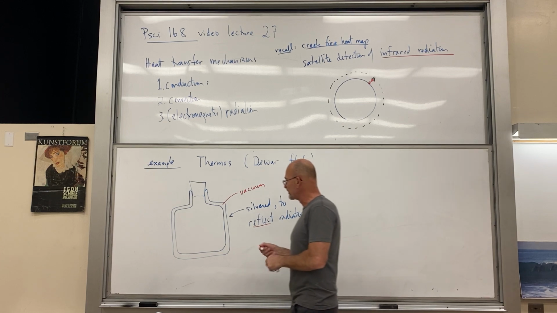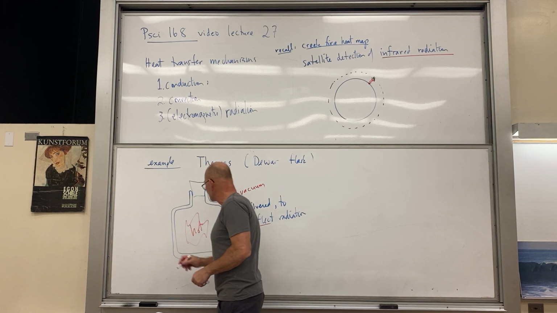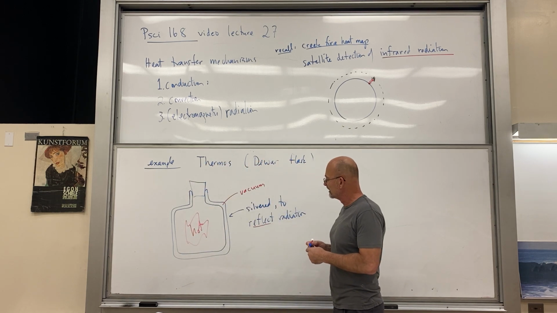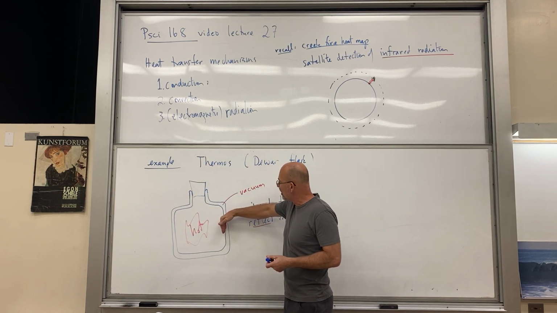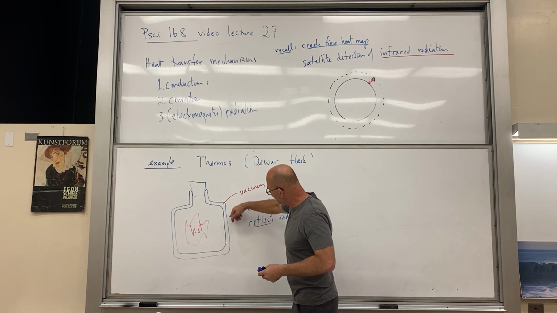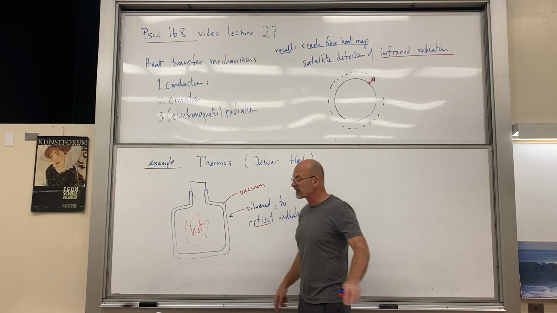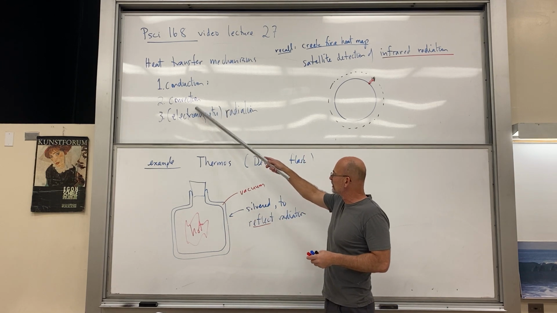So yeah, suppose you put something hot inside, just relatively hot, okay? Then it's in contact with the walls, but it's a very thin glass wall. There's heat transfer there, but it's stopped at this vacuum layer. Okay? The heat transfer, because you have no molecular collisions, you have no convection.